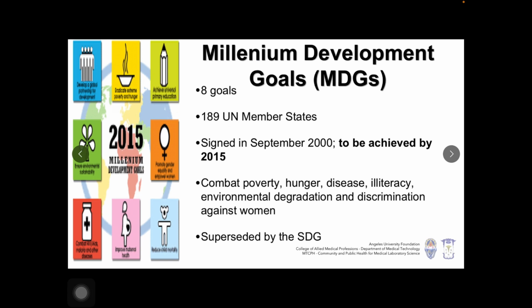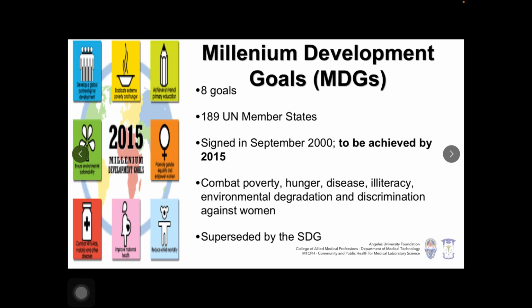So as a review for the Millennium Development Goals, or the MDGs, for 15 years, the MDGs aimed to target the objectives in several important areas such as reducing poverty, providing the much needed access to water and sanitation, driving down child mortality, and drastically improving maternal health.